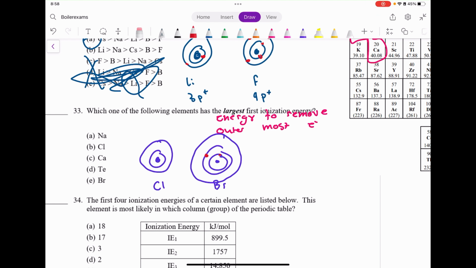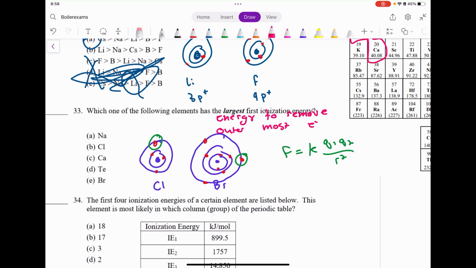So when we're comparing the ionization energies of these 2 elements, we are essentially comparing the energy to remove this electron versus this electron. We're looking at the energy to remove an electron in the 2nd energy level versus the 3rd. And you don't need to know this equation, but just for relationships, the attraction forces between the nucleus and the electrons, it looks like this. So this is Coulomb's law.